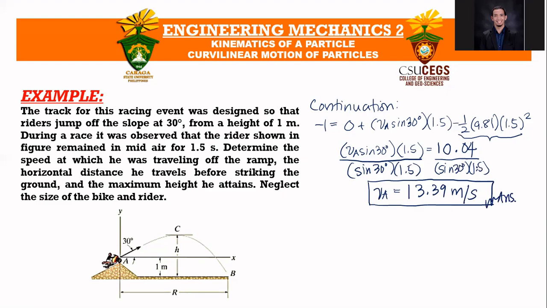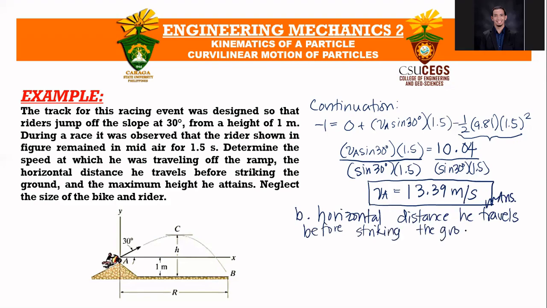For the next part is the horizontal distance he travels before striking the ground. That is equivalent to the variable r, which is this one.